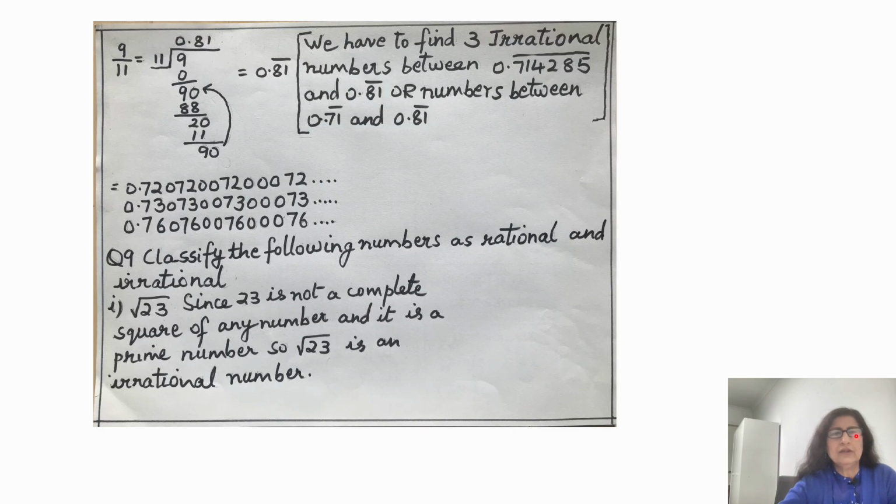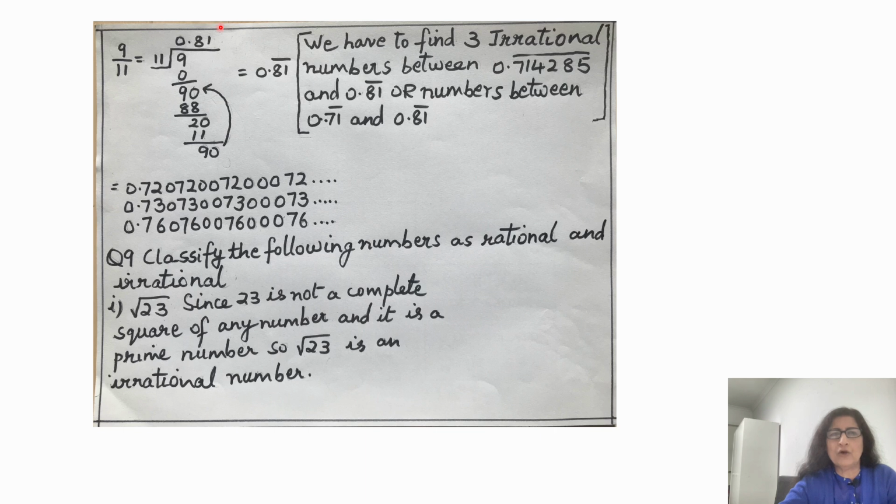Moving on to the next part, 9 by 11, we divide 9 by 11 and we get 0.81. In this question again we observe that we get remainder 9, which was there in the second step also. So the quotient 0.81 has these two numbers repeating again, 0.81, then 81 and then 81 again.